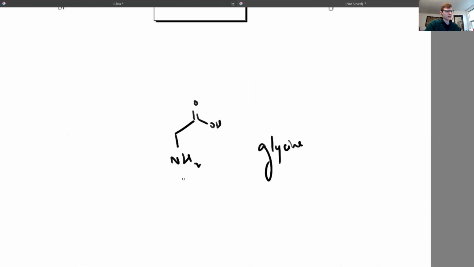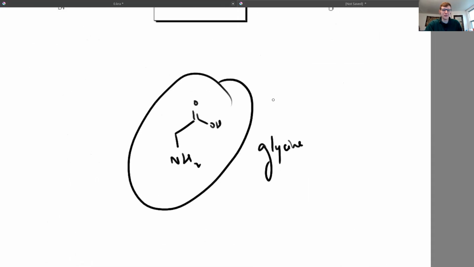But depending on how much biochemistry you've seen, glycine is actually normally classified as a special case of amino acids, which has to do with the fact that there's no side chain here, which means that you have really easy free rotation around here.